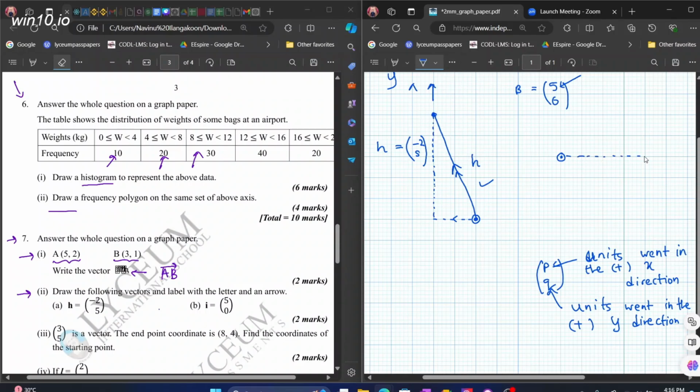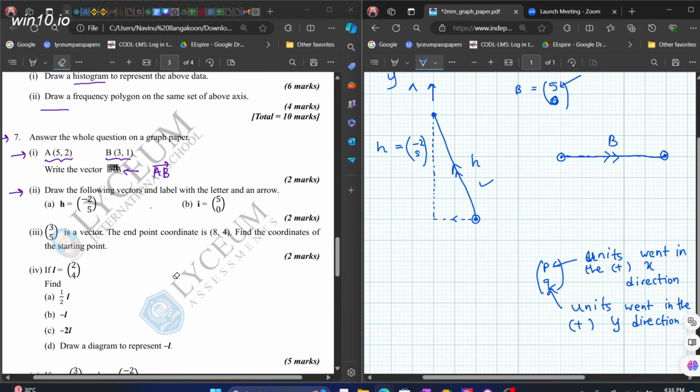Okay, 5 units. We end up here. Now, in the positive y direction, we have to go 0 units. So we end up here. Now, our starting point and ending point, we trace. Then this is the vector b. Okay, I hope that is clear.